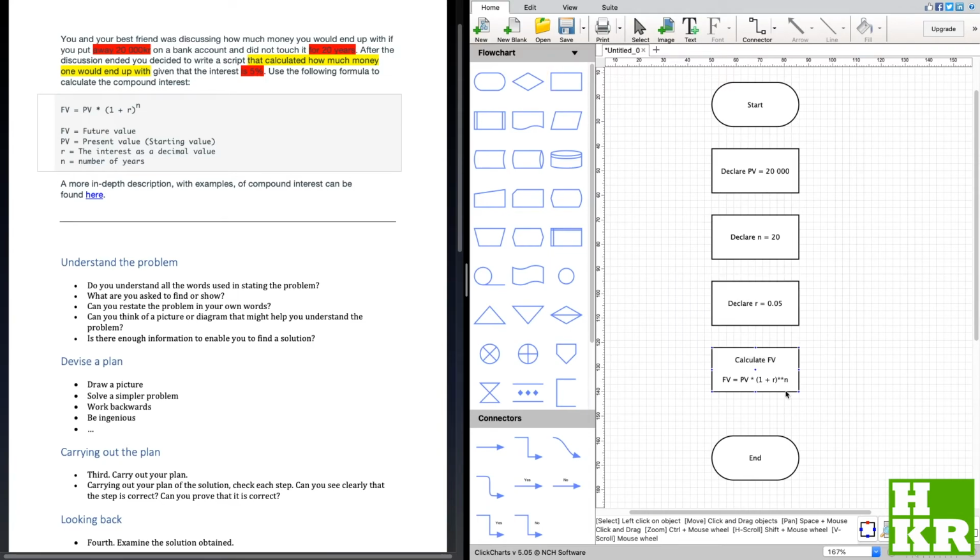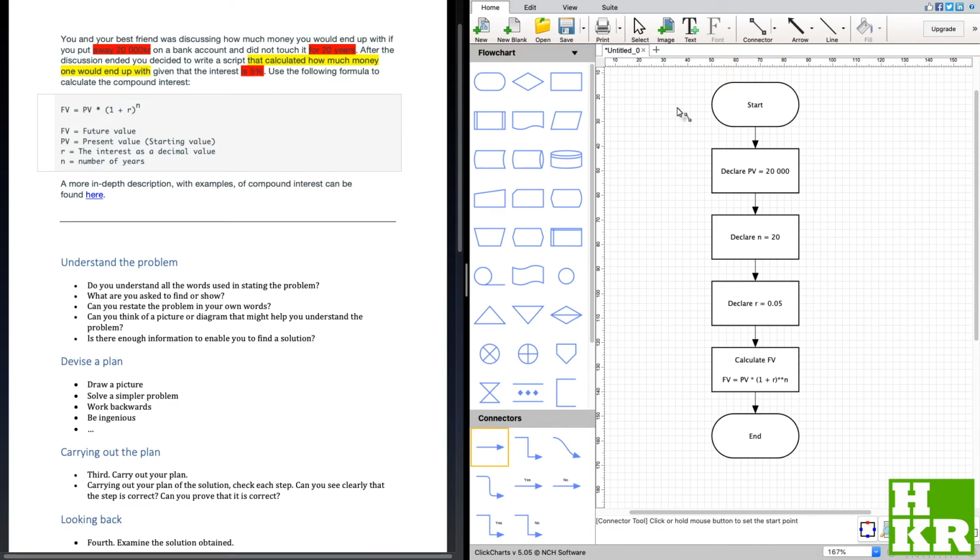And the reason is that in Python, this is how you raise something to the power of N. So yeah, so that we can use it straight away when we get into the implementation. And I'm going to add arrows for my flowchart here.